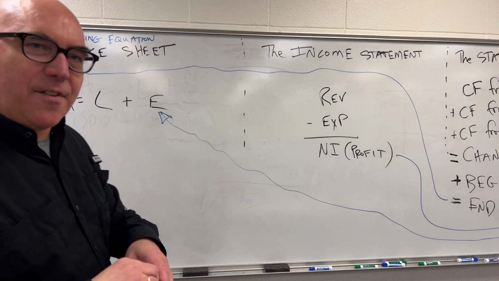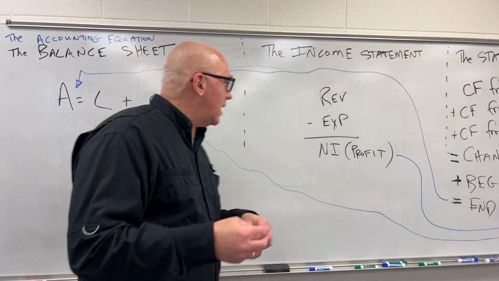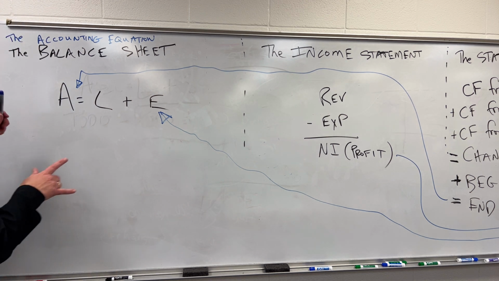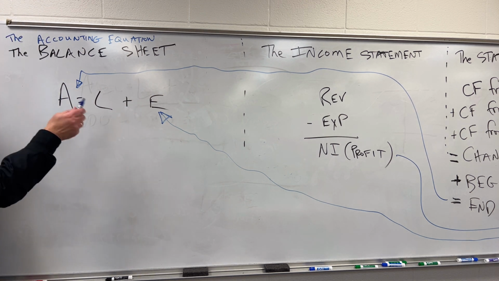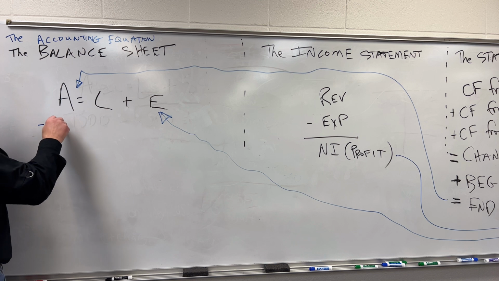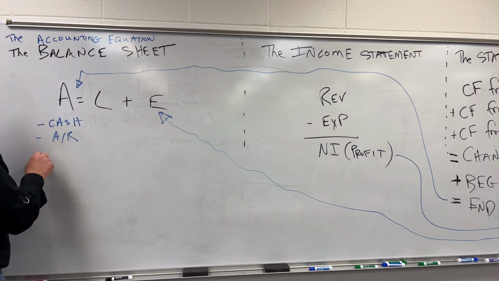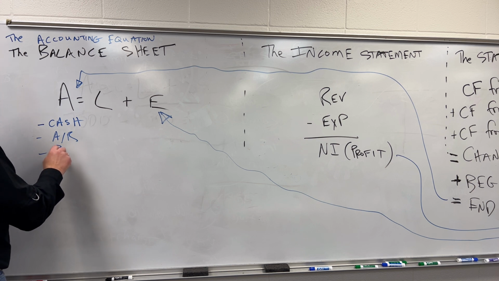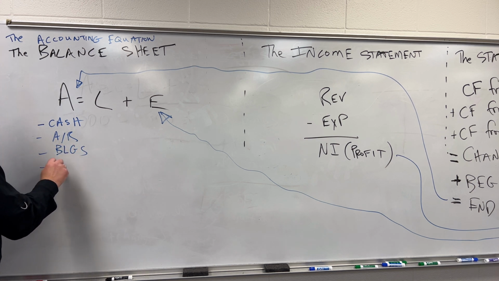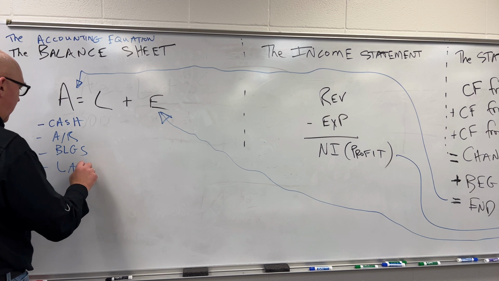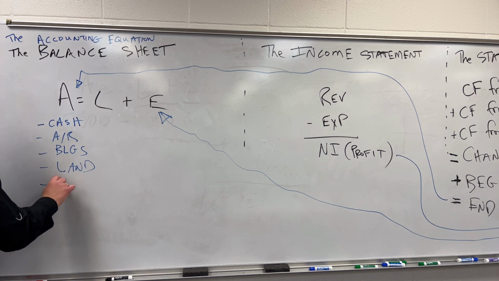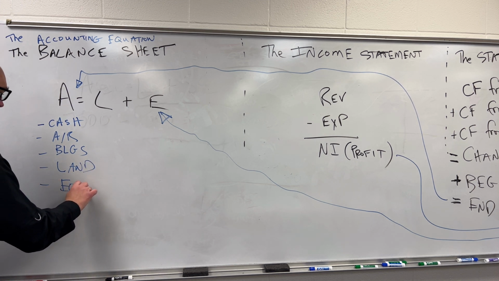But it's super important. Somebody asked me this after class. I wish they would have asked this during class. Cash is not equal to assets. Assets equals cash plus accounts receivable plus buildings plus land plus equipment.